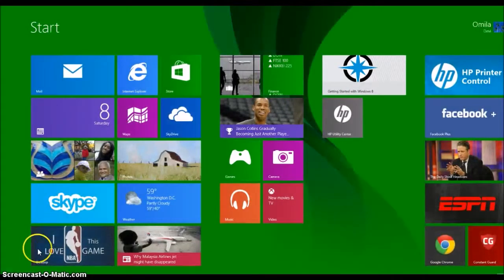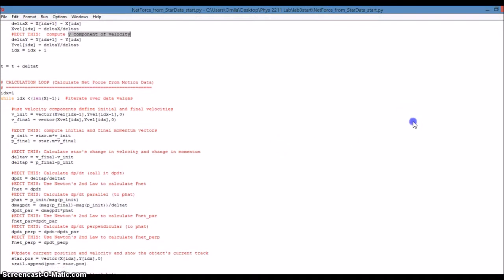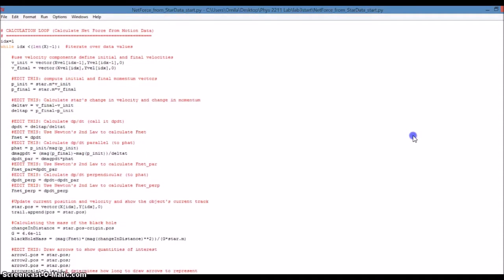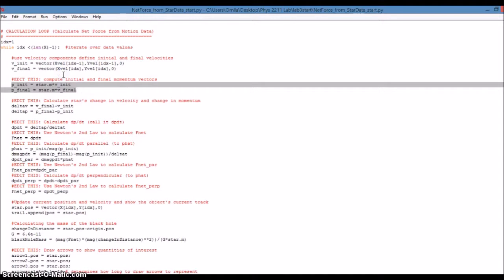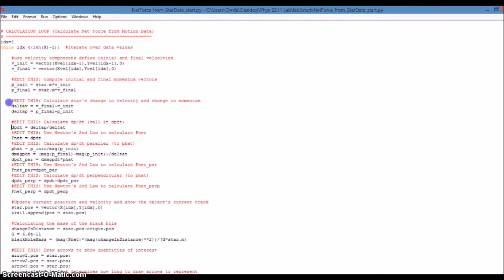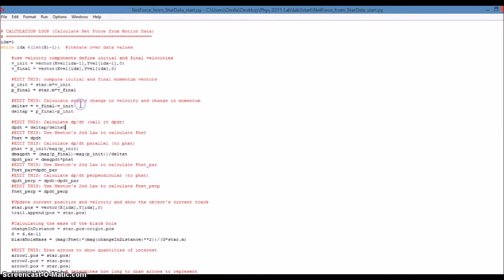As you shall see, the theme of manipulating code and using Python code to create an accurate computational model carries on throughout the rest of this Python code. The first example of that will be shown for p initial, which can be referred to as star.m times initial velocity, and p final was set as the mass of the star times final velocity. dp/dt was set as the change in momentum divided by the change in time, and Fnet was set equal to this dp/dt value.